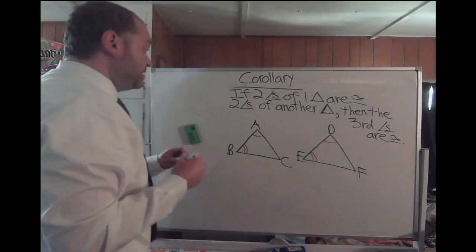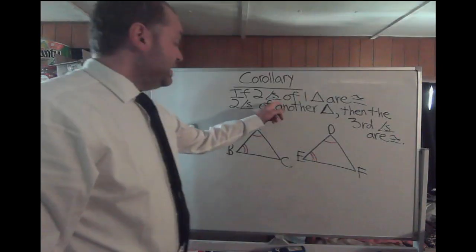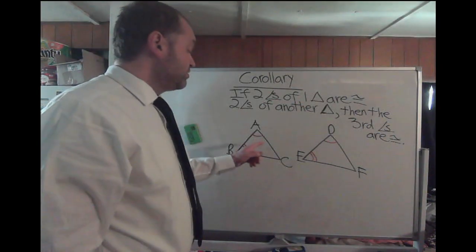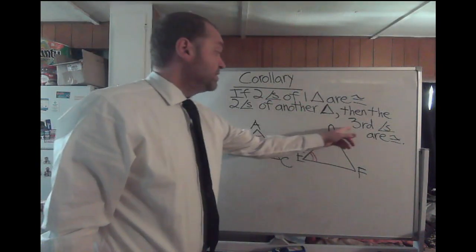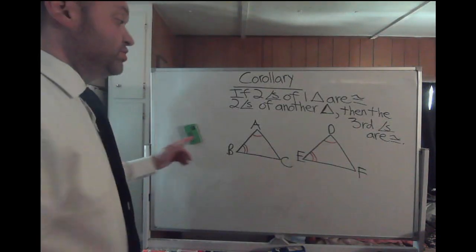So this corollary states that if two angles of one triangle are congruent to two angles of another triangle, then the third angles of those triangles are congruent to each other.